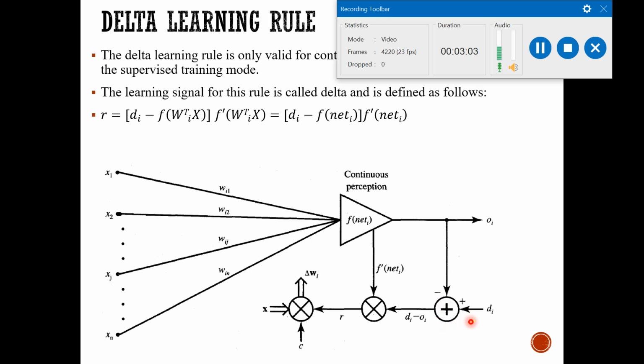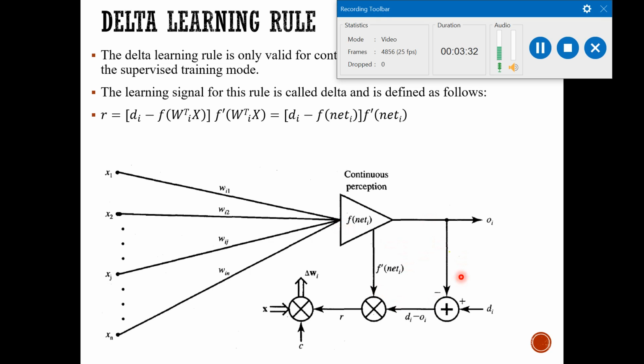As in the perceptron learning rule, for the learning signal, you first calculate the error signal. And what is the error signal? The error signal is di minus oi. So you get this di minus oi, or di minus f of net i, and then you multiply that with f dash of net. So you multiply with the derivative of this continuous perceptron. It may be unipolar or it may be bipolar. You already know the derivative formulas of unipolar as well as bipolar continuous sigmoidal functions.